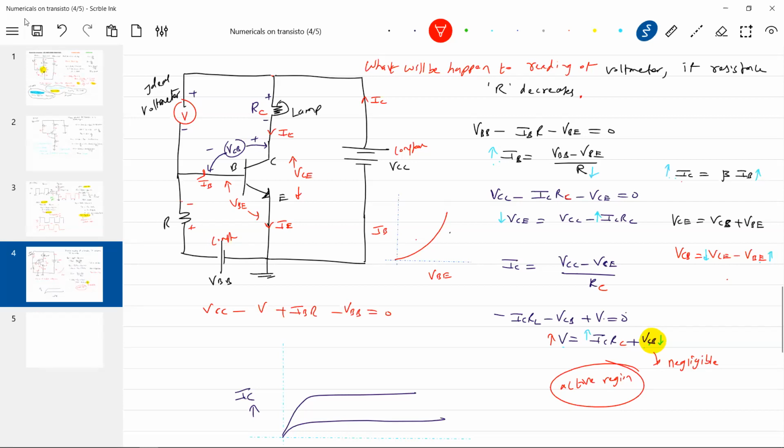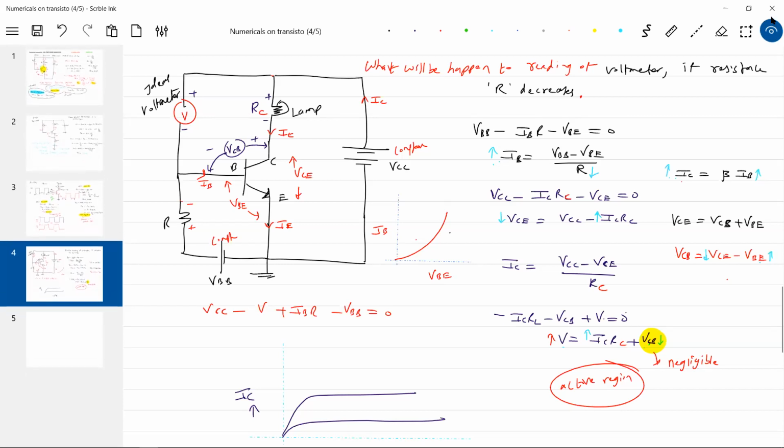ICRC equal to, can you substitute and do, sir? Whatever you do, then we'll get V equal to VCC minus VBE, no, sir. The end equation. V equal to ICRC. Okay, let me do that. We'll get constant only.